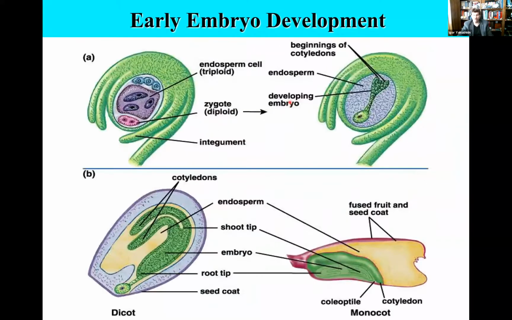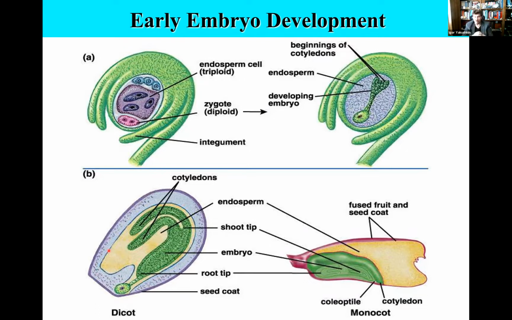Now, early embryo development. This is where it's talking about the dicots and monocots. What the cot means is cotyledon. Cotyledons are essentially embryonic leaves, which help the embryo digest the stored materials, because the stored materials of the endosperm will be in compact form: starch, proteins, fats.